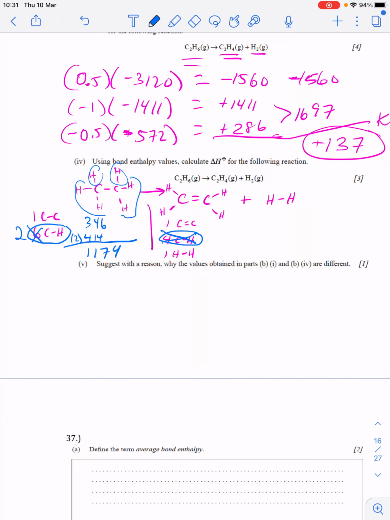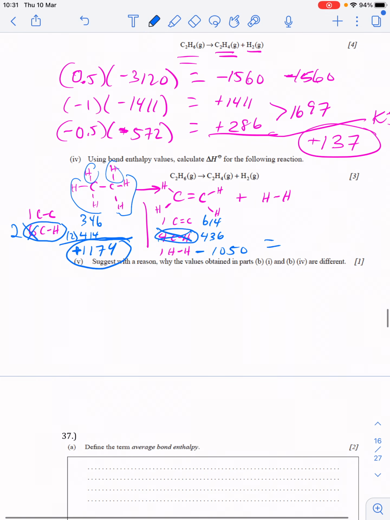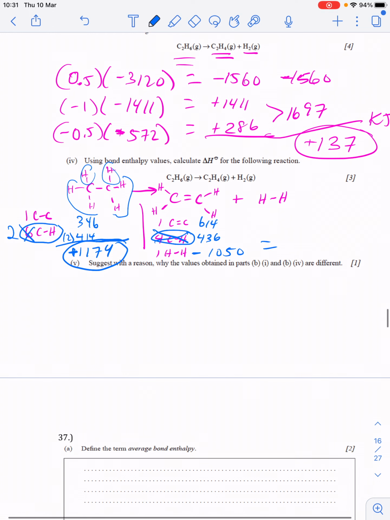The C to C double bond is 614, and the H to H single bond is 436. That adds up to 1050. So this is the energy I'm putting in, that's positive, and this is the energy I'm getting out from forming, so that's minus. And then the difference is looking like it's going to be 124, also positive, because the energy in is greater than the energy out. So this is also in kilojoules or kilojoules per mole.